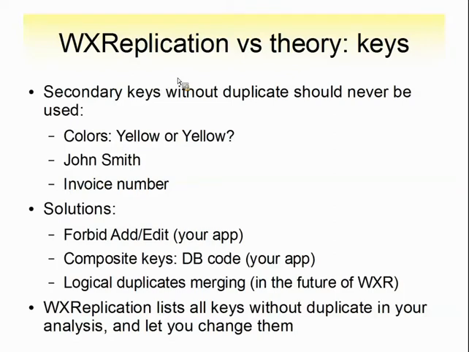So you will have the two yellows, the two John Smiths, the invoice number that we are talking about. You will have that set up as unique key in your program right now. They cannot be unique key anymore. They have to be key with duplicates.